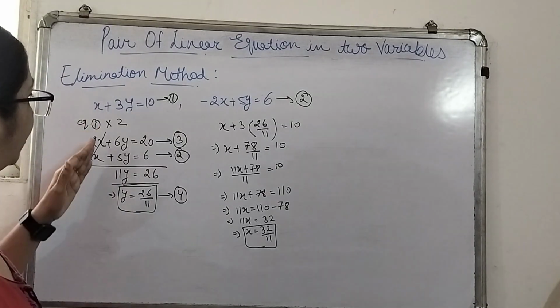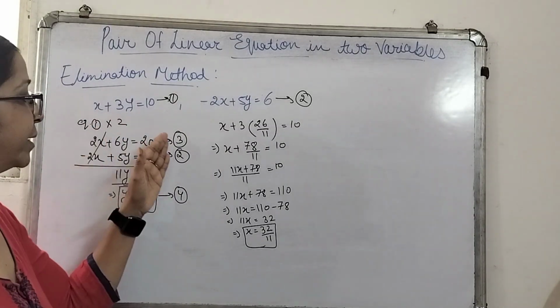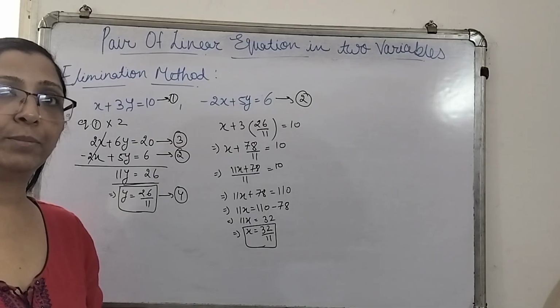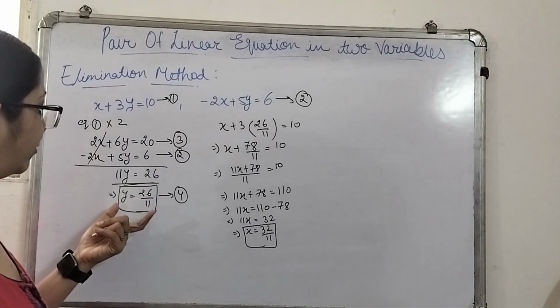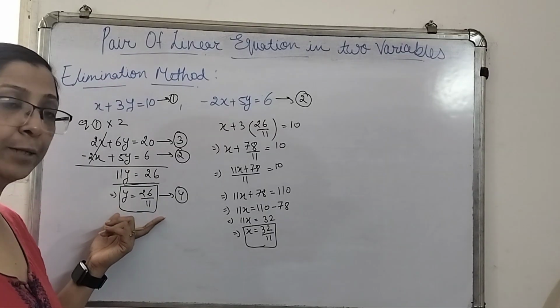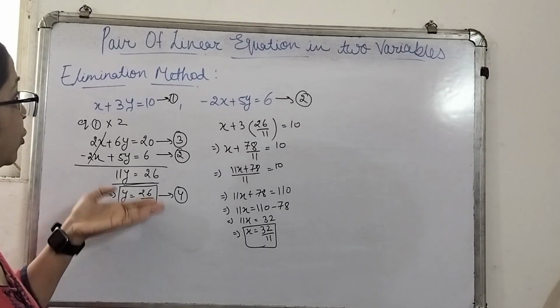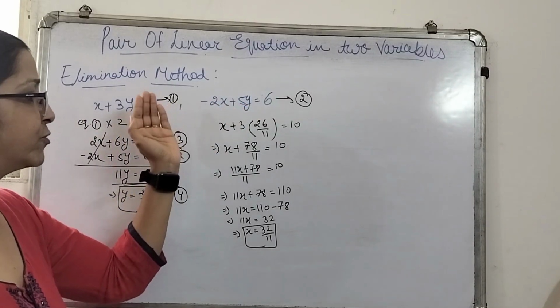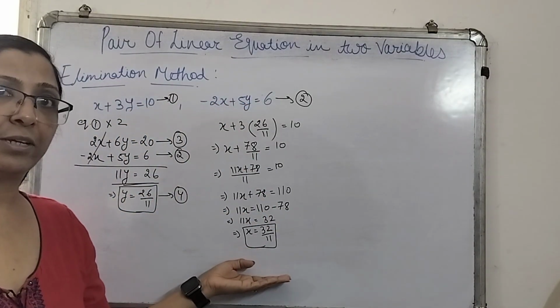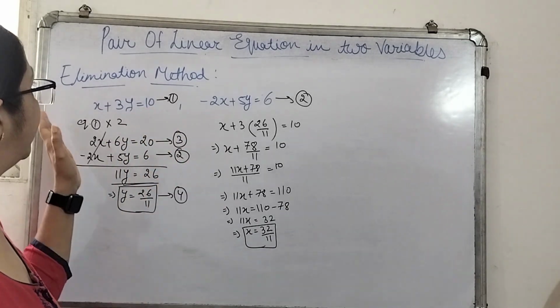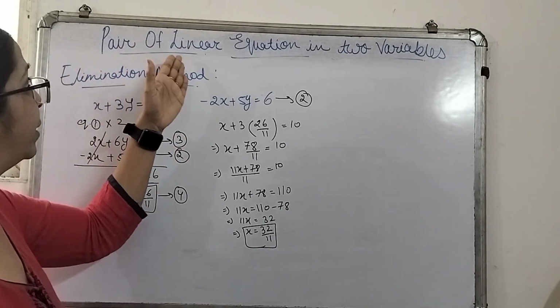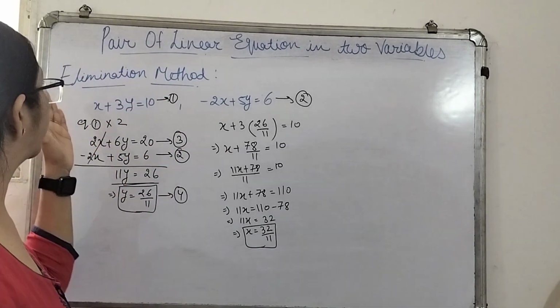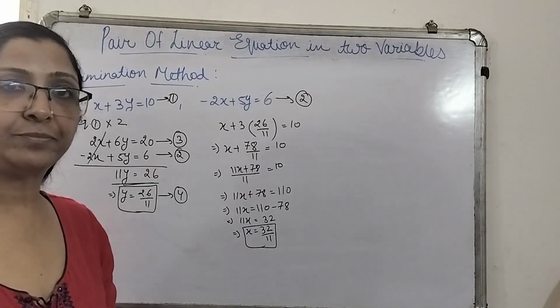By this, we can eliminate one of the variables and get an equation in a single variable only. We can find the value of that variable, and by keeping this value in any of these two equations, we get the value of the other variable. So this is the way by which we can solve a pair of linear equations using the elimination method.